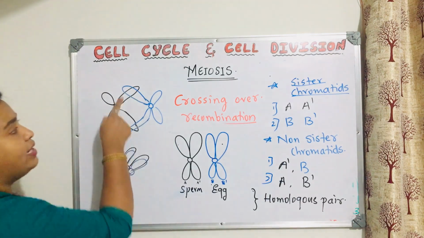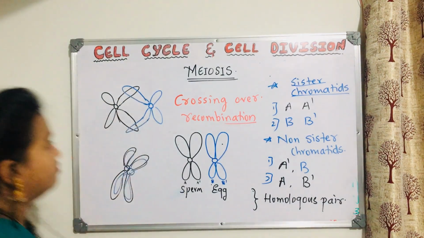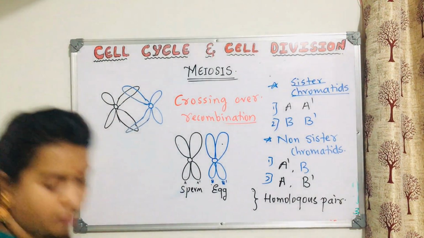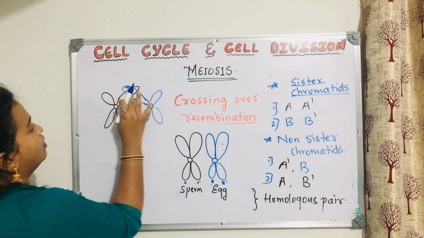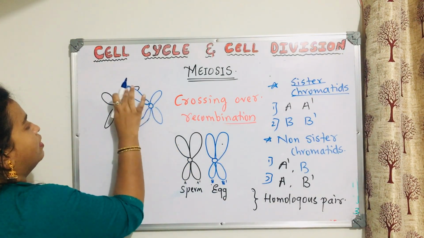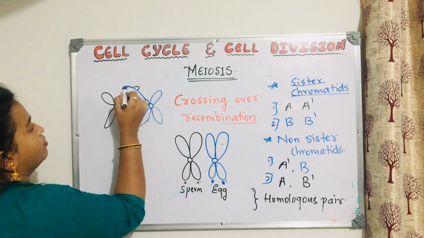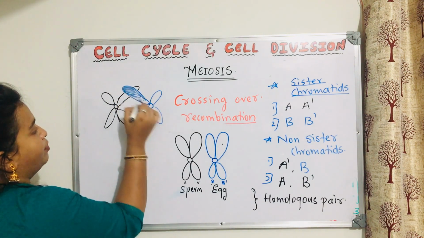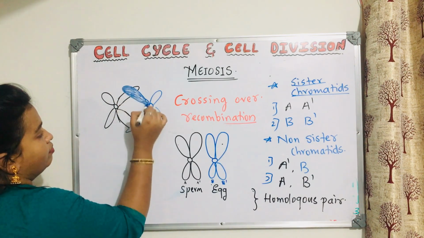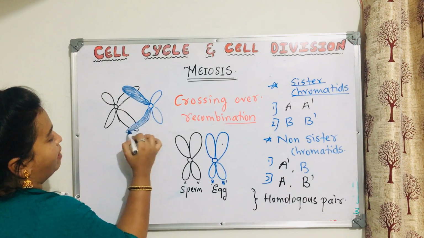Because whenever they cross, for example, now let us consider. So this has been crossed over this, no? Try to understand. This completely blue colored one can be anything. It can be maternal, it can be paternal, that doesn't matter here.